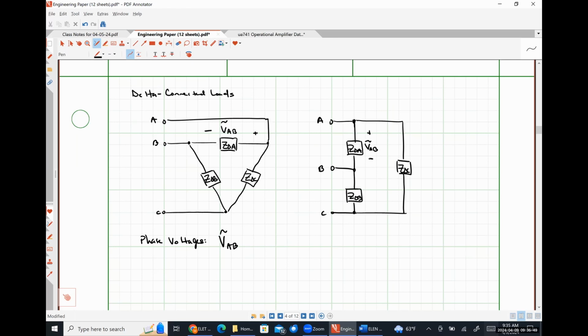Looking at our impedance Z delta B, we would have a voltage drop that is VBC. And looking at our C phase, we would have VCA.